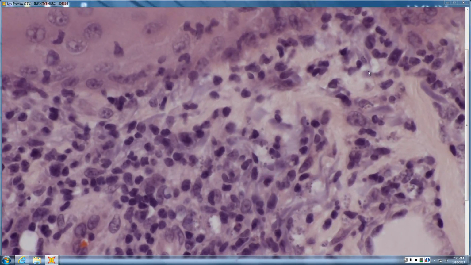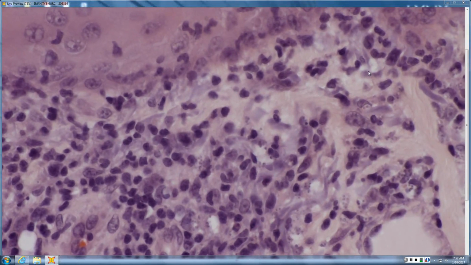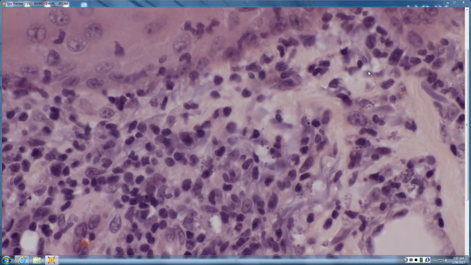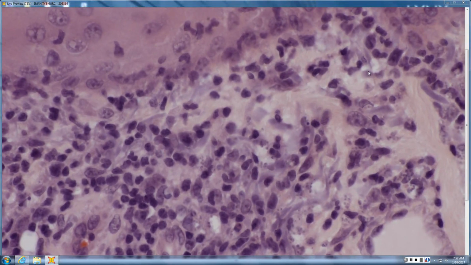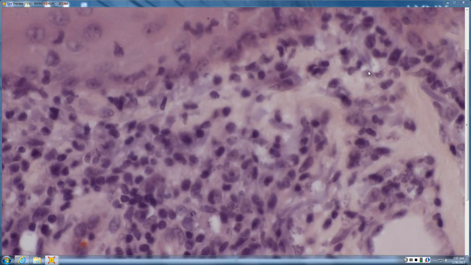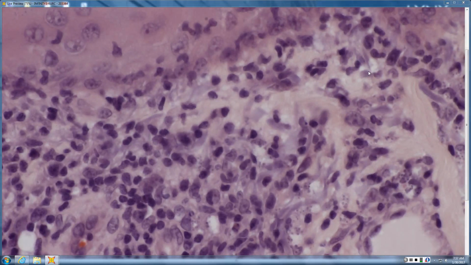And leish is one of those conditions, like syphilis, that loves to recruit plasma cells. So there are certain conditions that love plasma cells. Leish is one of them, syphilis is one of them, Kaposi's is one of them. So that can be an additional clue for you.